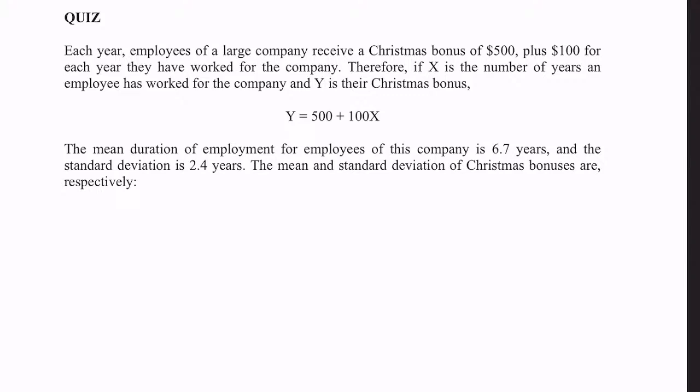Each year, employees of a large company receive a Christmas bonus of $500 plus $100 for every year they have worked for the company. Therefore, if X is the number of years an employee has worked, then Y is the Christmas bonus. So there you go. That's easy enough, right? That expression? Everybody's okay with that?